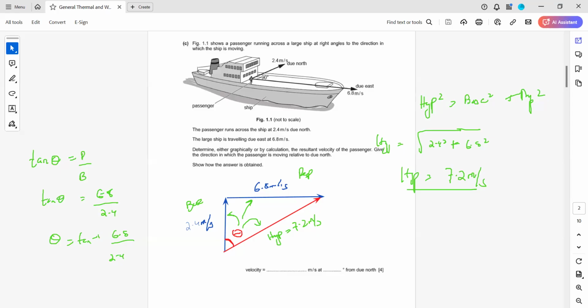What will be the angle? You can use the chat to state. 70.6.